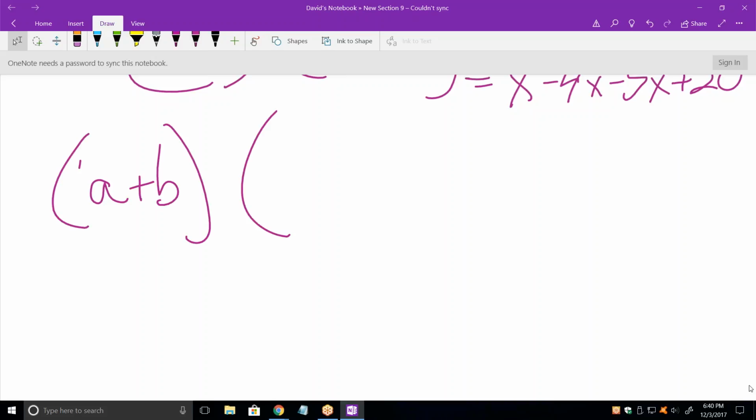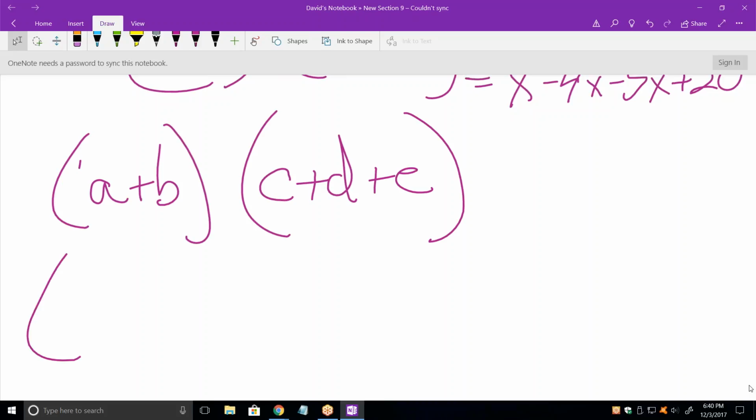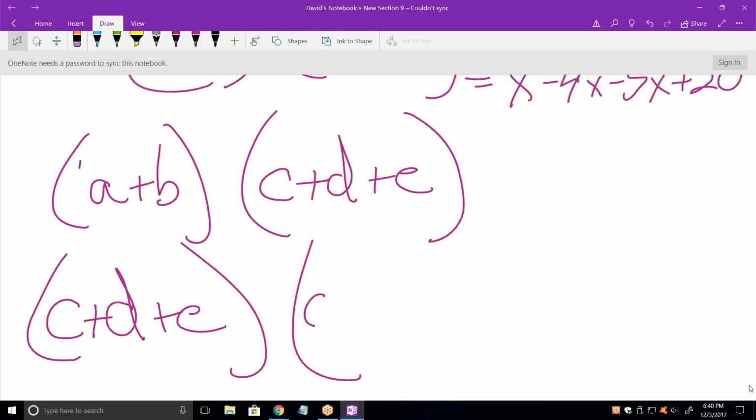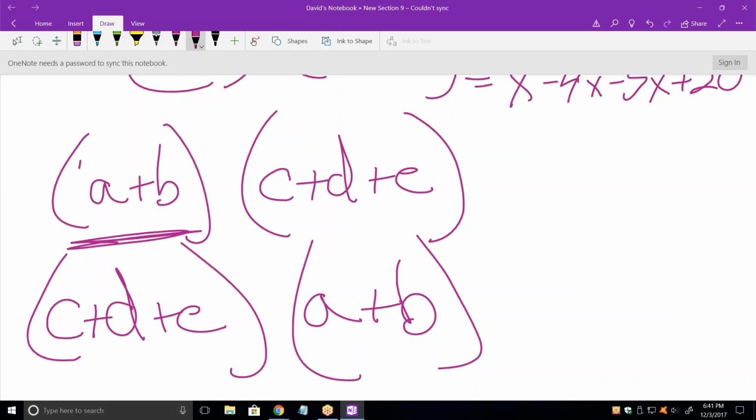I would rather do this than this. I don't know why, just a personal preference. They're both the same, and you would do both the same exact way. Every term by every term. I guess I'm more comfortable with the binomial as the first term.